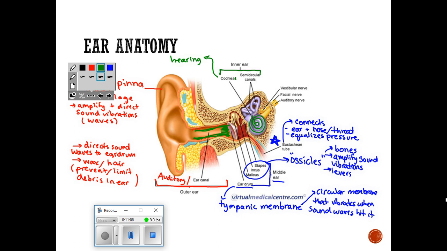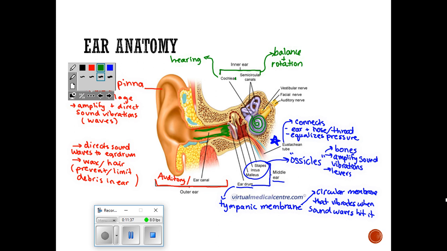The semicircular canals here are the structures that are responsible for balance and rotation. So helping your brain determine, are you standing up straight? Are you turning? What's going on? Now we'll talk more in depth about the semicircular canals as well. So if you look ahead, you'll see there are more detailed pictures of both of those.